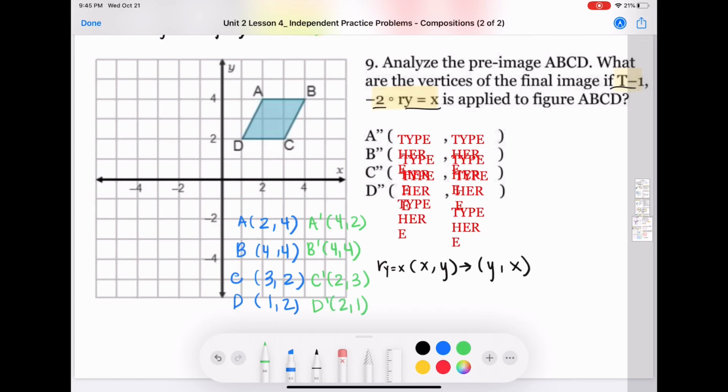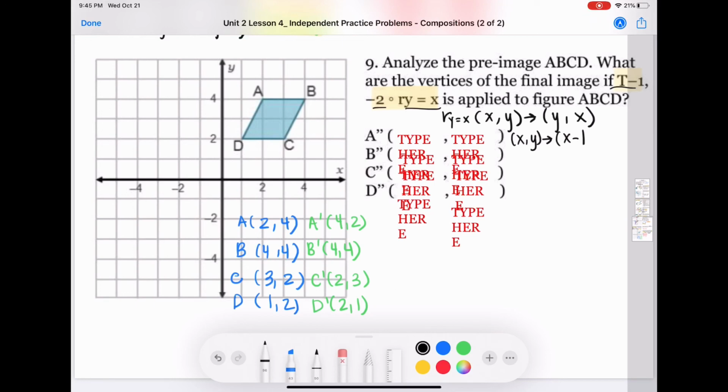Okay. So I'm going to move this just so we have some more space. And then we'll apply our next transformation, which tells us to take the original coordinates, subtract 1 from x, and also subtract 2 from y.